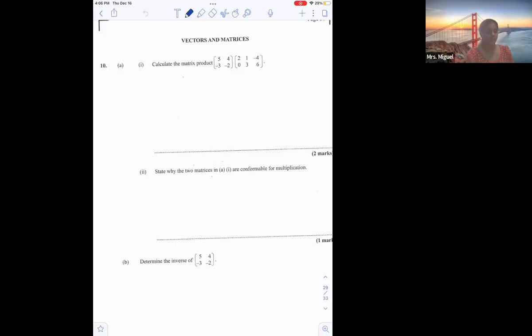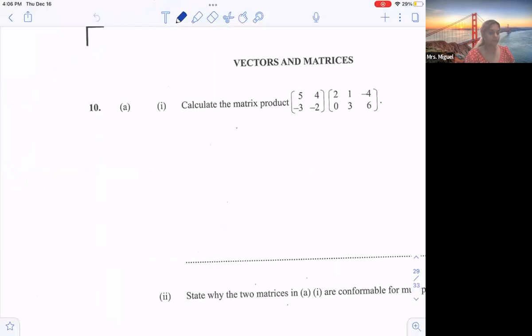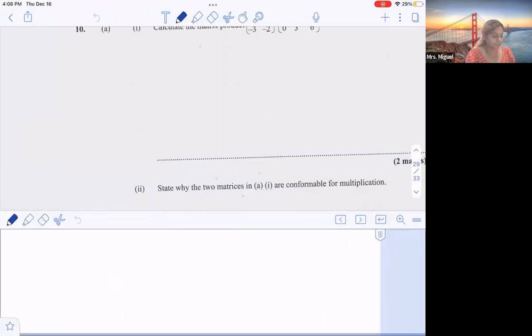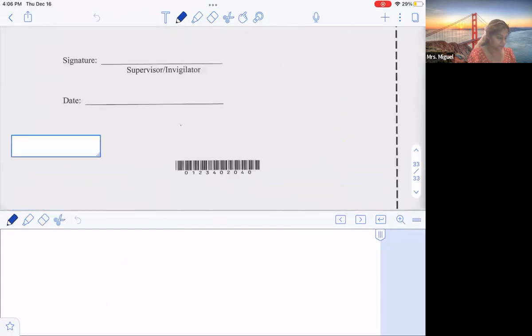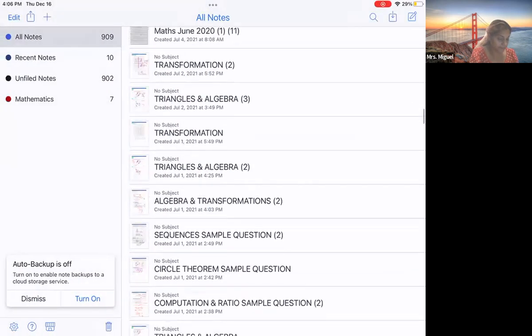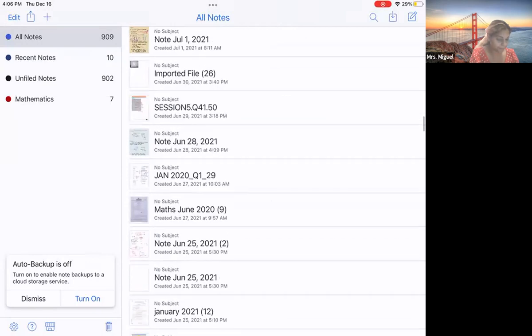All right, so we are going to do the vectors and matrices question. This is taken from the most recent past paper, the 2021 paper.